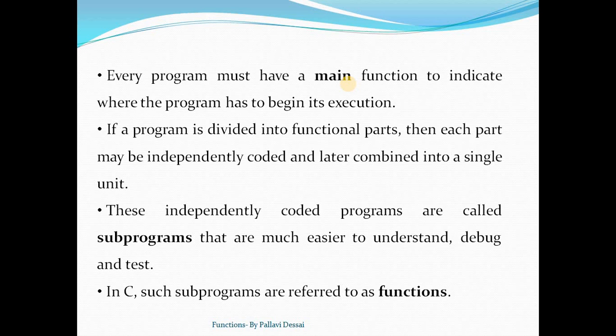So there may be some statements, operations or calculations in the program that need to be executed a number of times. In such a situation, we may repeat the program statements wherever they are needed. Or we can write a separate function or subprogram, and then use that function wherever we need to repeat the program statements.